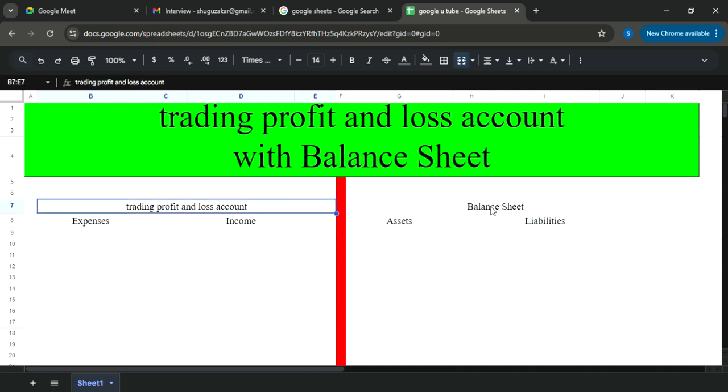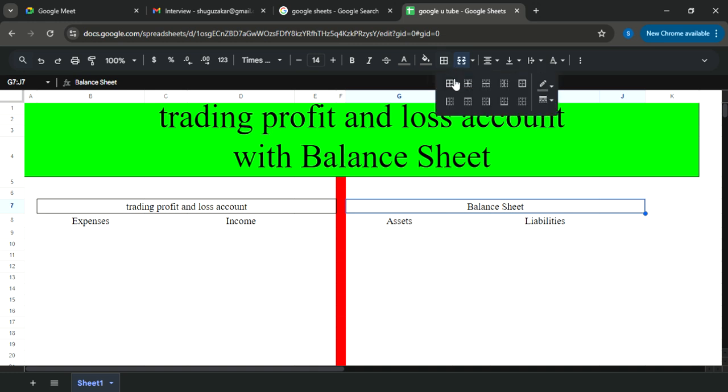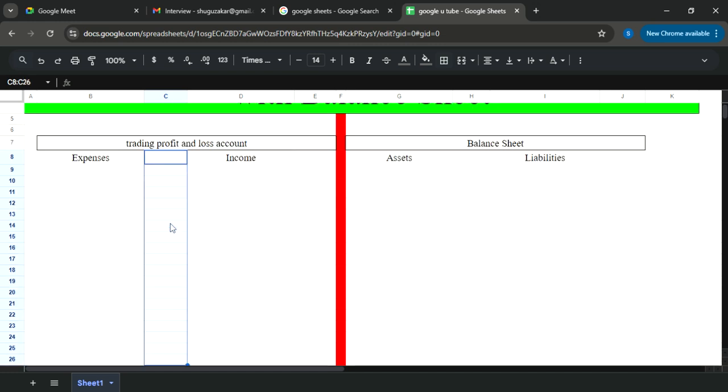So the matter of understanding is you will be creating four different sides. When you open your notebook, you will select two pages, one at the left side, one at the right side. There are four columns here. This is our first column.